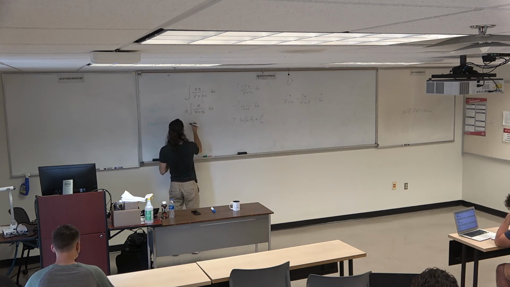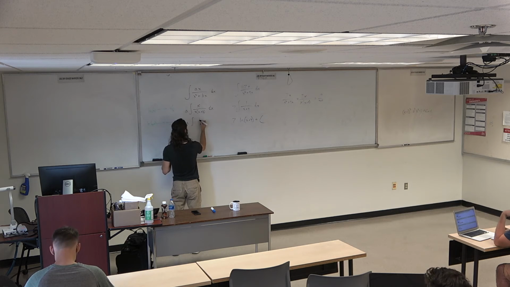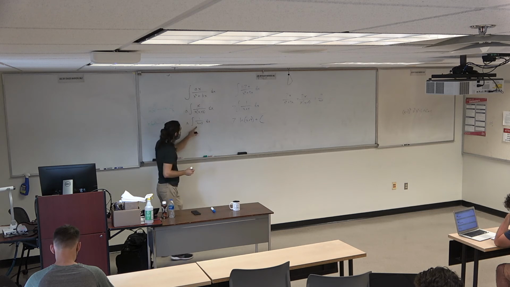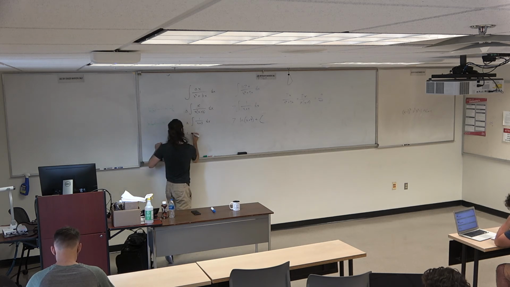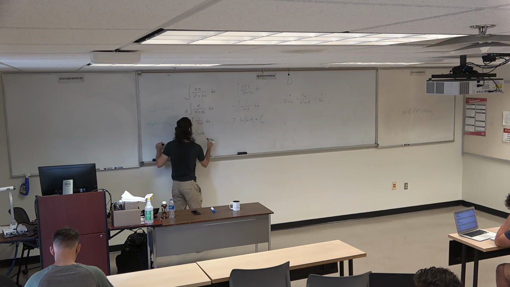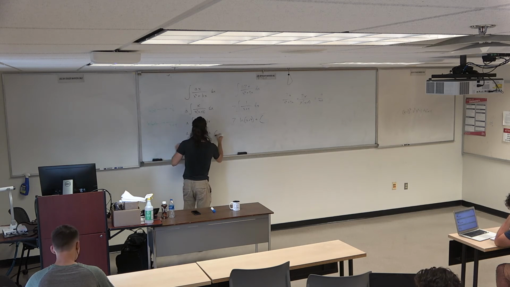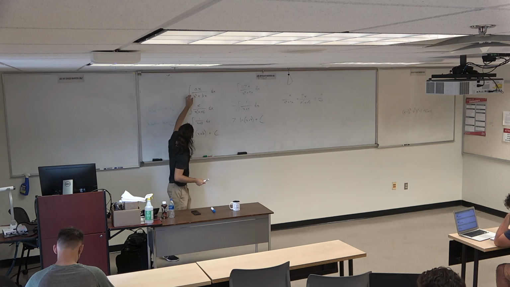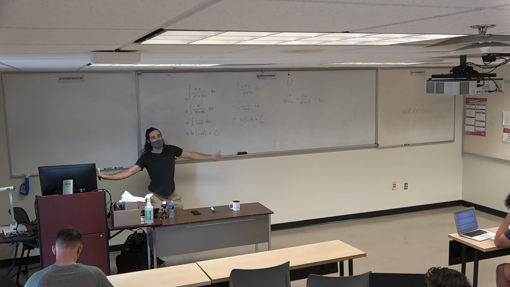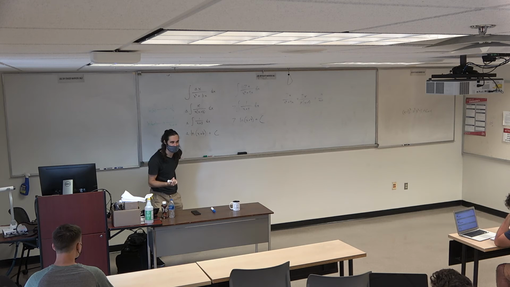So this is the very nice a times the integral of 1 over x plus b. And then that's just this function shifted by whatever b happens to be. And so it's going to be a times the natural log of x plus b plus c.